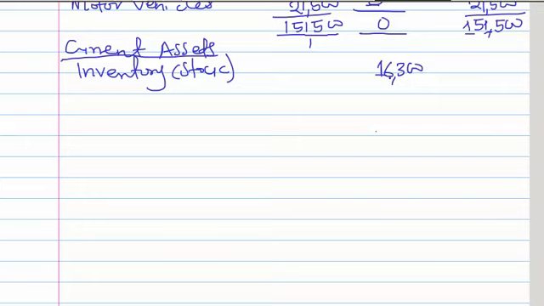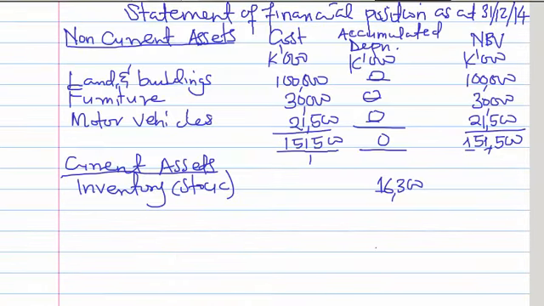So we have inventory or stock totaling 16,300, 16.3 million. Notice we dropped the zeros because we have the zeros on top here.